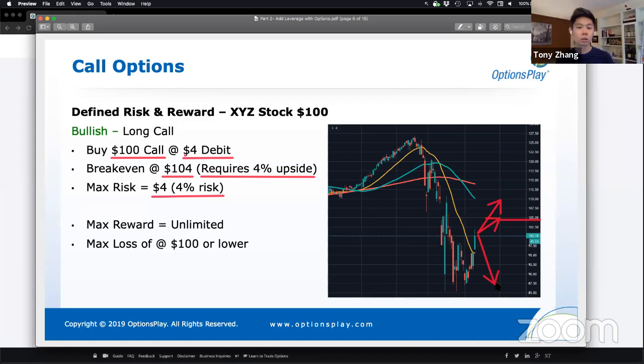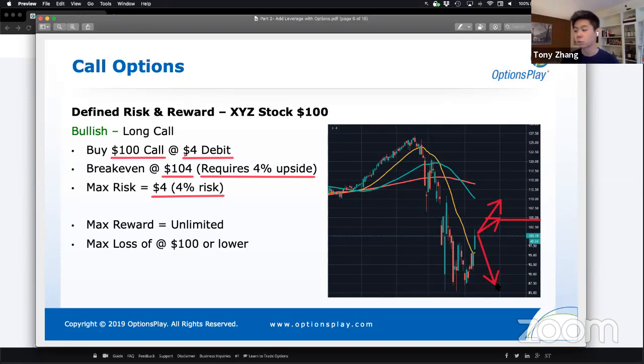So that's the trade-off you're making with this call option. It needs to move 4% to the upside just to break even, but to the downside, you're limiting your losses to just $4 a share. That can be really helpful, especially when you're trading in very volatile markets, where you think the market may be moving a substantial amount.